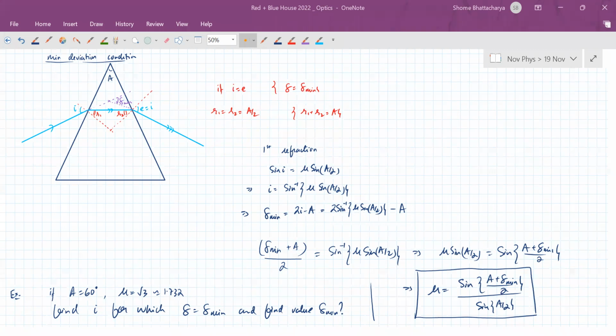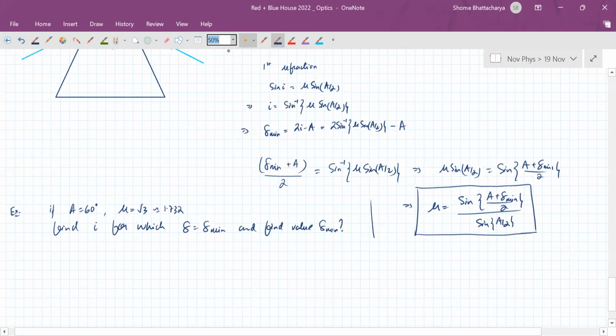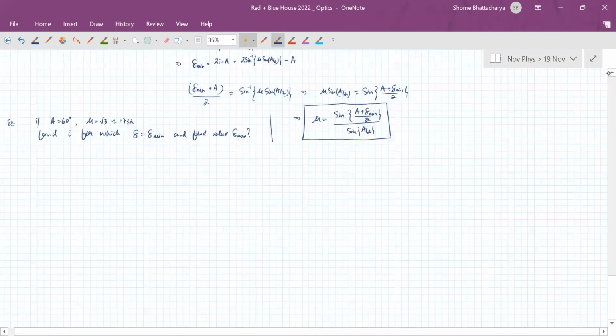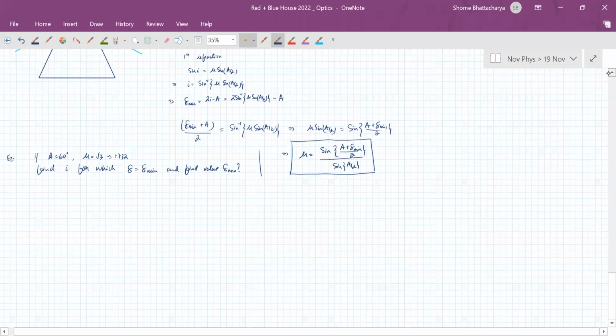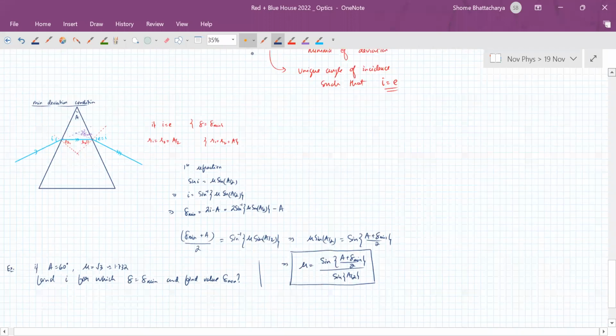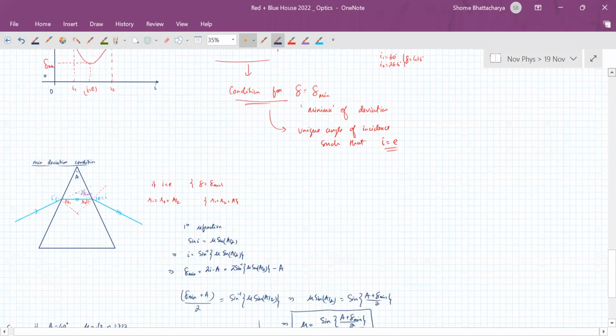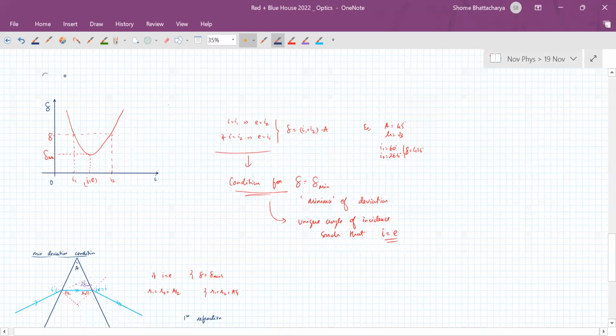Yes, very good, Mike. That's correct. Viraj, that's correct. So while everyone is working this out, I will just scroll up to the previous section. So angle of deviation versus angle of incidence.